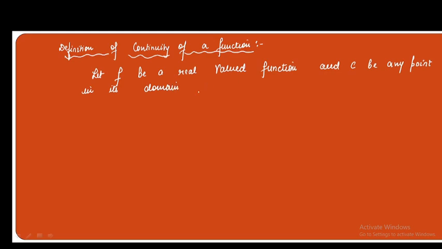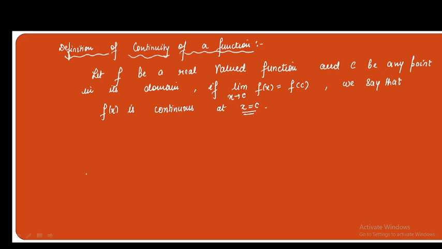Then if limit x tends to C of f(x) is equal to f(C), we say that f(x) is continuous at point x equal to C.